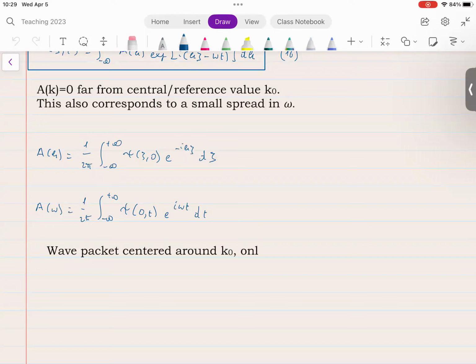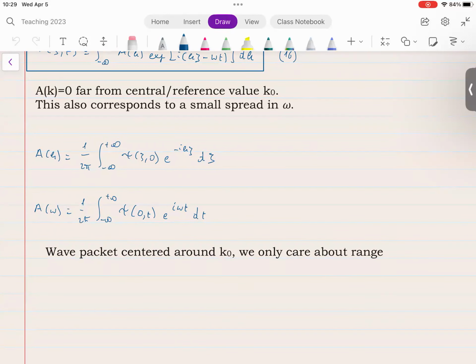So all that matters is what happens in some range. Let me write it next line. k0 minus delta k less than k less than k0 plus delta k. This in general does not strictly need to be symmetric, but that's not making it more complicated than it needs to be.